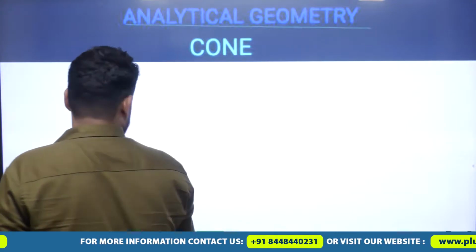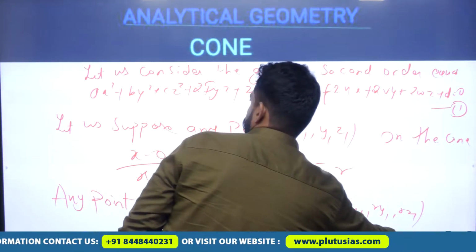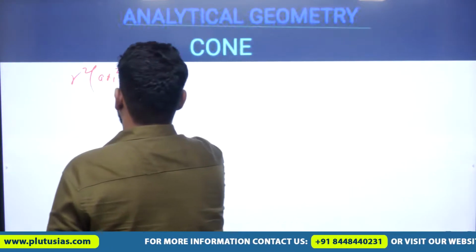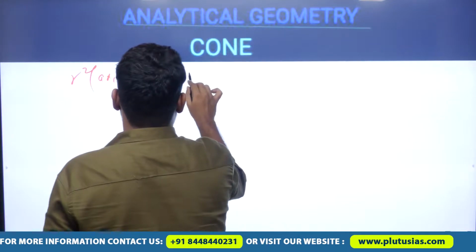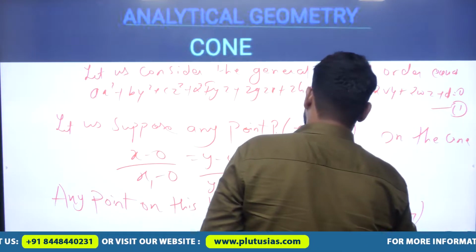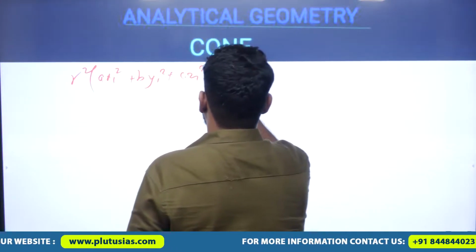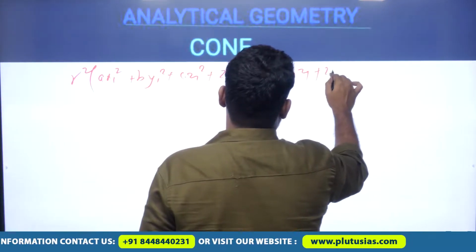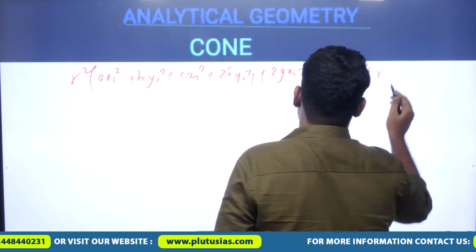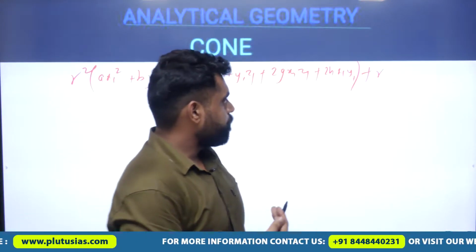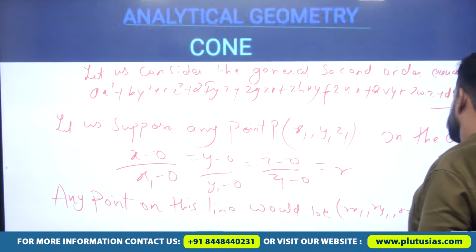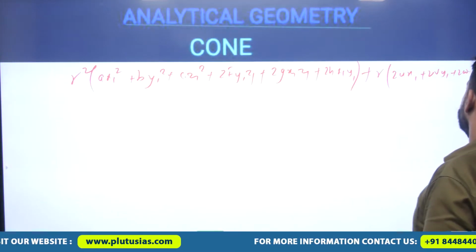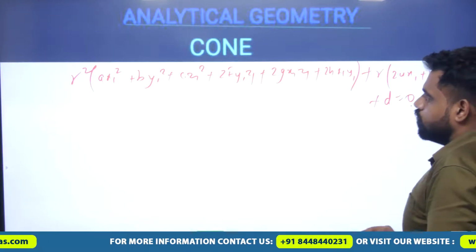So if I put this in equation 1, we'll get r square times (ax1 square plus by1 square plus cz1 square plus 2f y1 z1 plus 2g x1 z1 plus 2h x1 y1) plus r times (2u x1 plus 2v y1 plus 2w z1) plus d equal to 0.